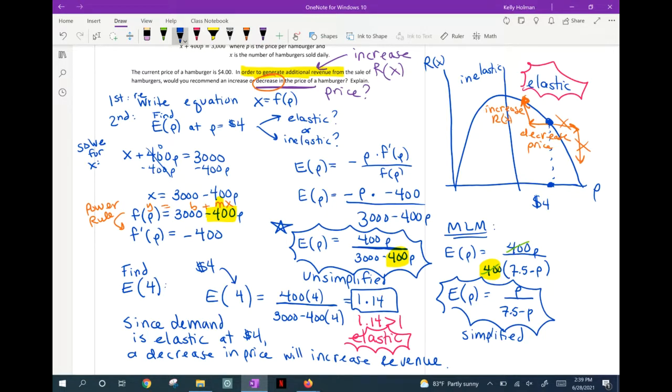Oh my gosh, that was a lot of stuff all scribbled on my screen there. So these problems take a lot of time. As you can see, there are a lot of calculations going on, a lot of interpreting. On test 1, a lot of students were tripped up with the interpreting, like being able to read a function. What's the input? What's the output? What are the units for the input? What are the units for the output?